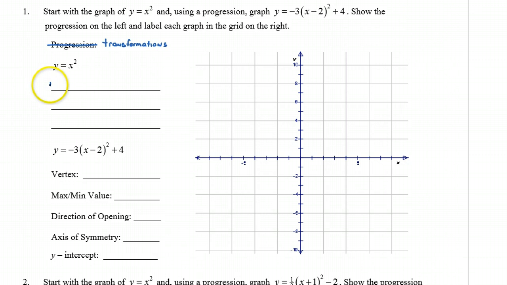The first transformation is a reflection across the x-axis. And so what does that mean mathematically? It means we're going to take the y value and multiply it by negative 1.